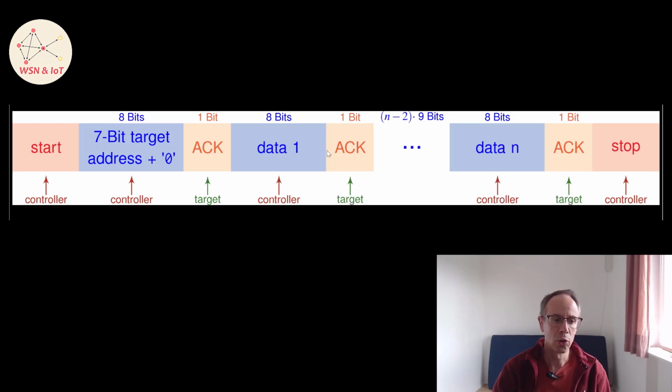The write communication is similar, only that with the write, the controller starts with the start condition, then sends the 7-bit target address with the 0 for the write command, and then the target acknowledges it, and the controller then sends the data which it wants to send to the sensor. The controller also sends the stop condition.